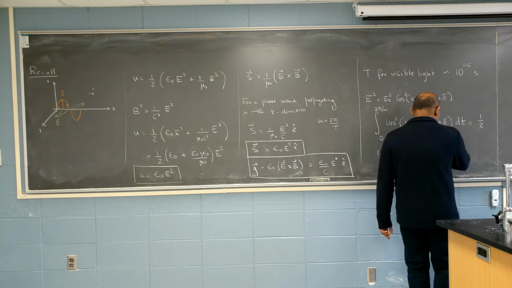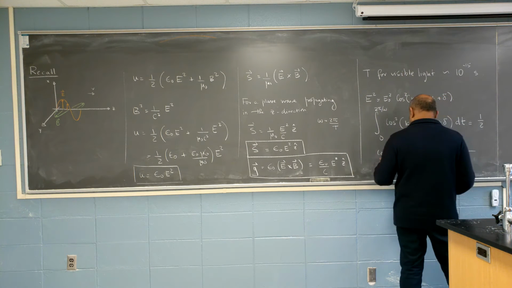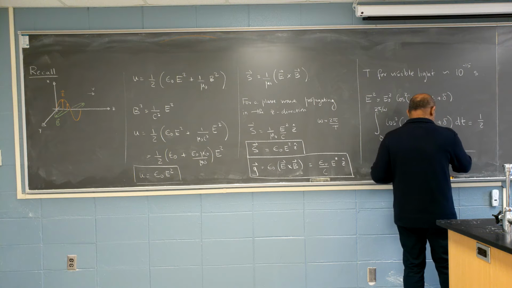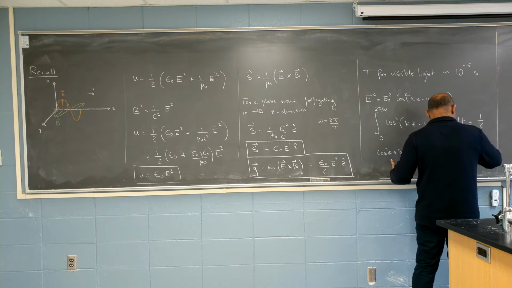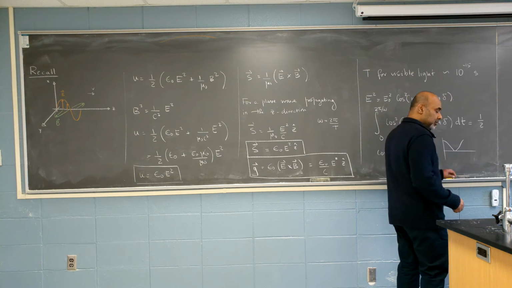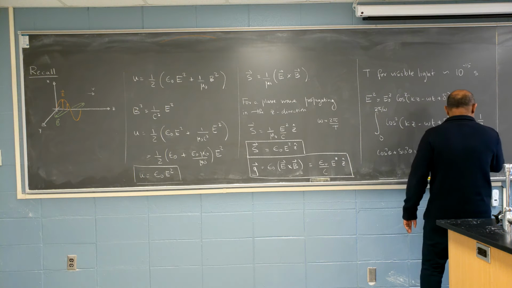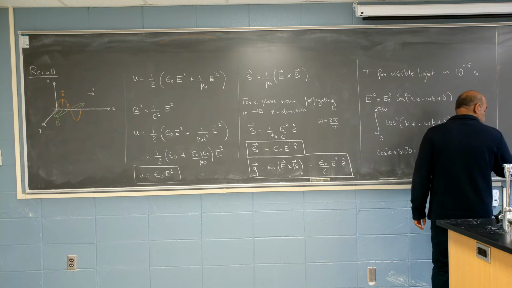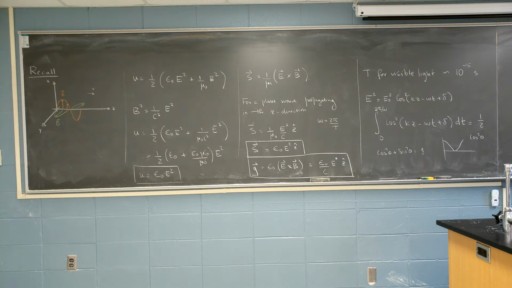What does cosine squared look like over one period? It's going to look like, yeah? This is cosine squared theta. What is sine squared going to look like?